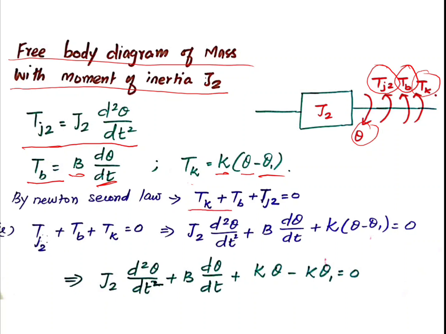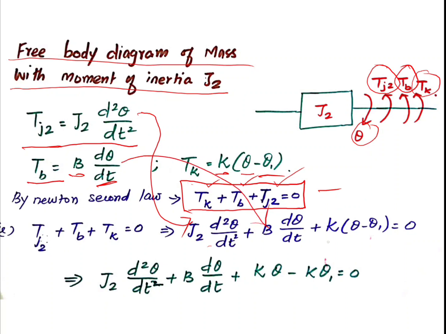By Newton's second law, the sum of forces acting on a node is equal to 0. Here we have only opposing torques: T_k plus T_b plus T_J2 is equal to 0. Now we substitute the equation for each of these: J2 d²θ/dt² plus b dθ/dt plus k(θ − θ1) is equal to 0.